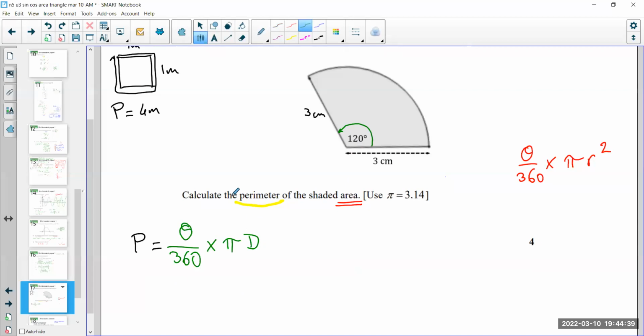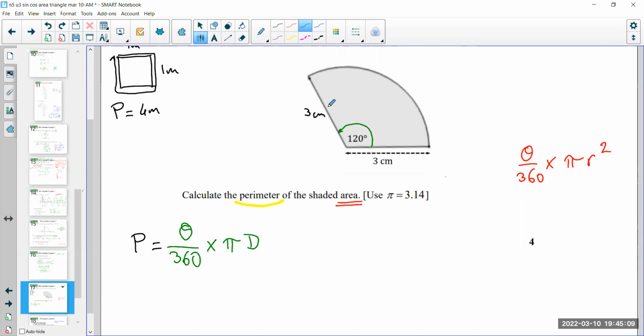But they could be nasty enough to write it like this: calculate the perimeter of the shaded area. So think now, area, no. The SQA can't tell you, I'm not going to test you with this, and then you go and do it. I wouldn't say a nasty person, but someone quite cunning, saying, you know what, I'm going to send them that question and see how many fall for it.